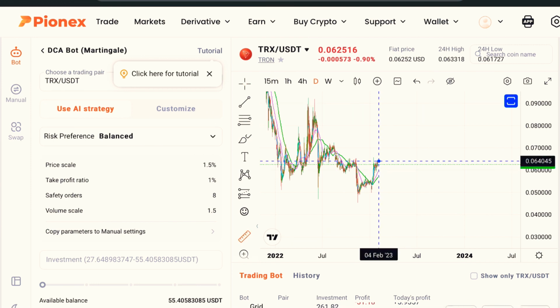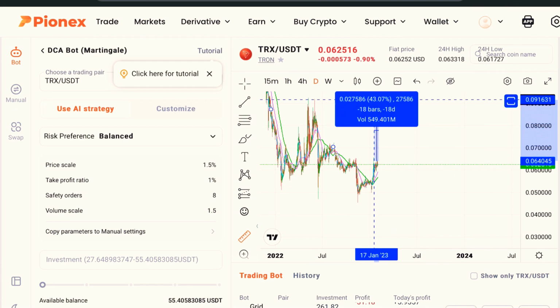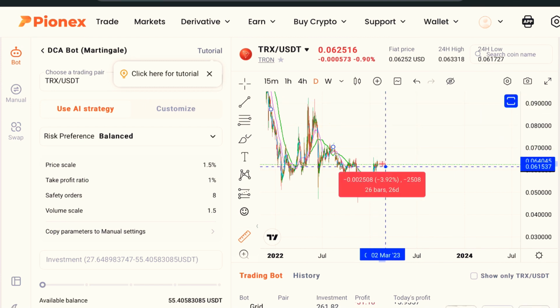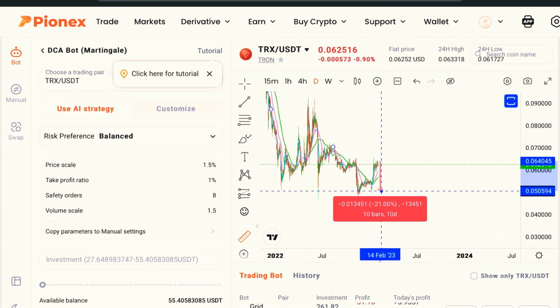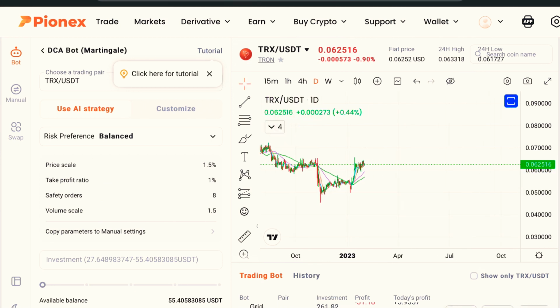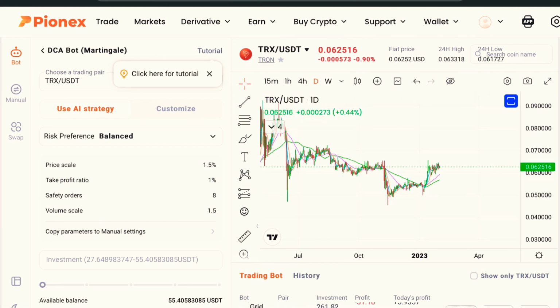Let's say it just broke this, and our potential upside is about 43%. The potential downside is about 21%, right?